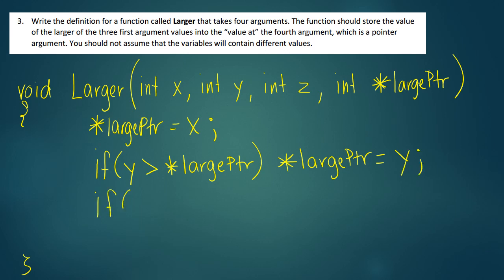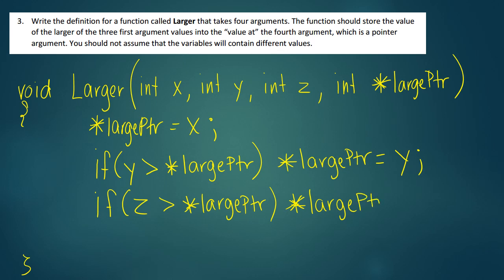If z is greater than the value at large pointer, then the value at large pointer equals z.